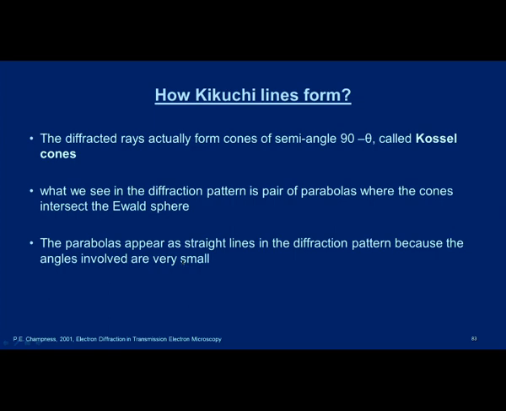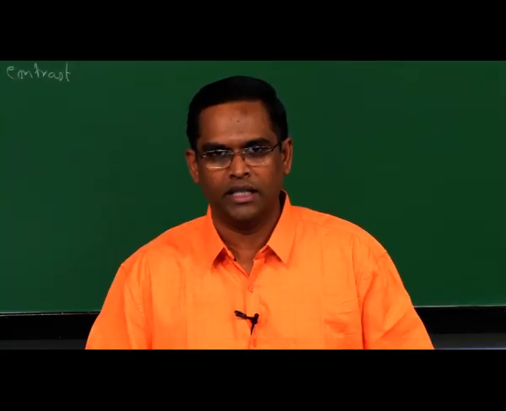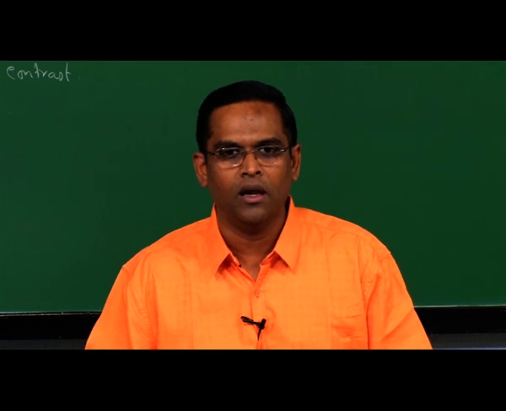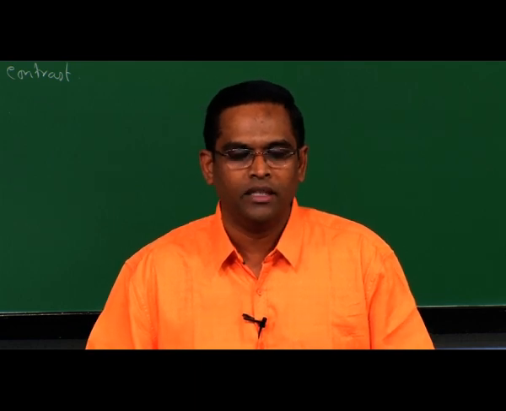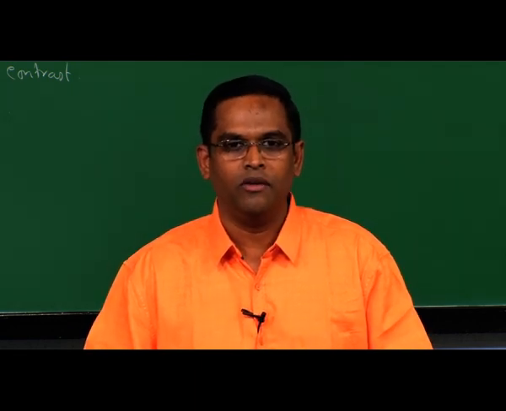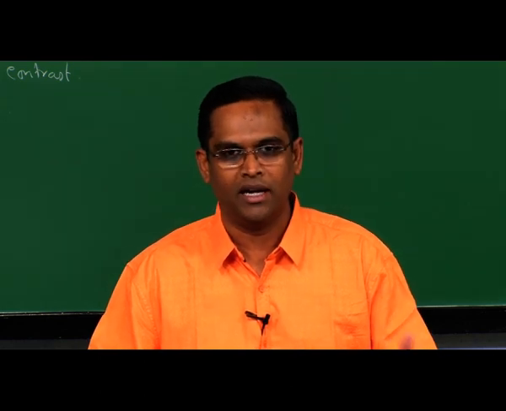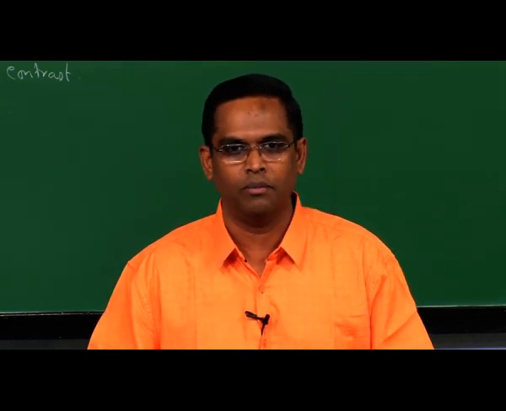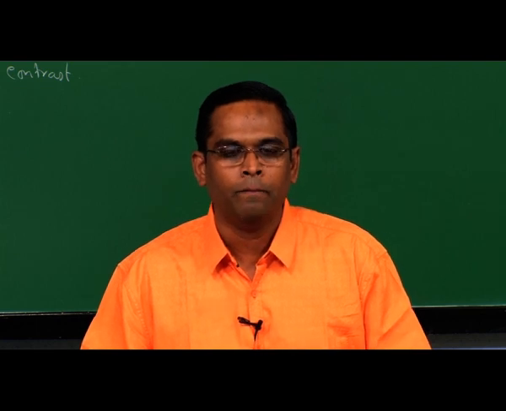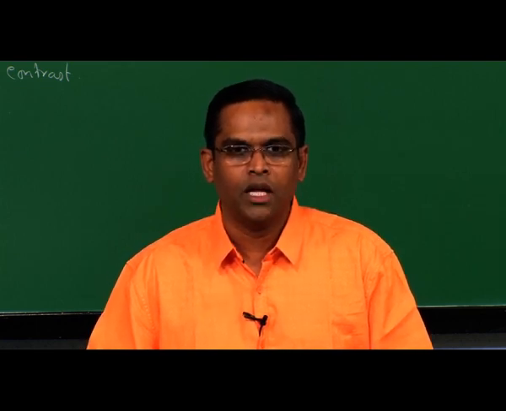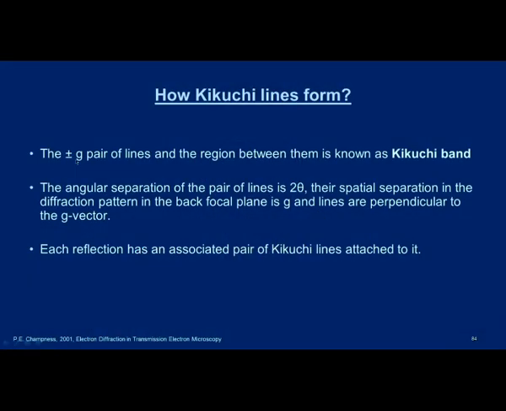And one of the primary differences between X-ray diffraction and electron diffraction, if you recall, if we go back and discuss these fundamental principles on the Ewald sphere, you will appreciate this. And if you are not able to pick this up, the plus or minus G pair of lines and the region between them is known as the Kikuchi band.